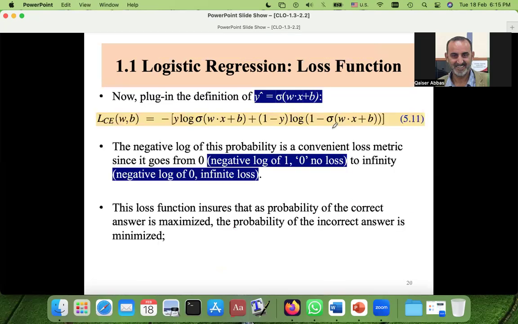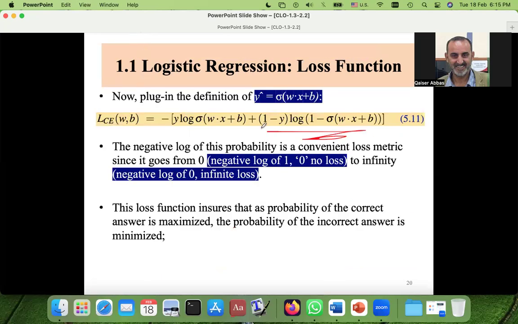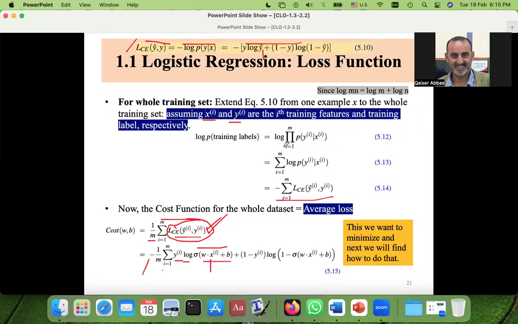So by using equation 5.11, we are converting this cross entropy loss of y cap and y, first it is this and then it is this. We are converting our summarized form into the opened form, and we are calling it 5.15.